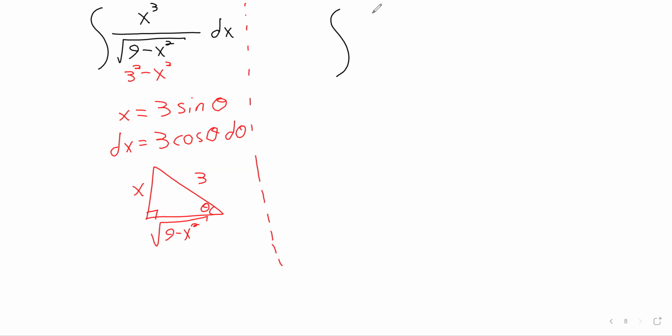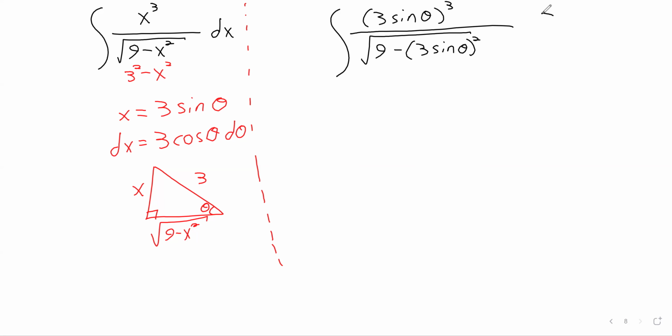Okay, so we've got x cubed, 9 minus this thing squared, and we've got dx.